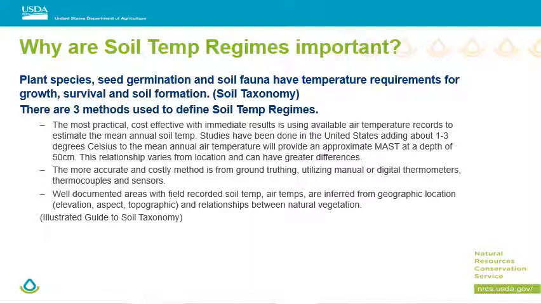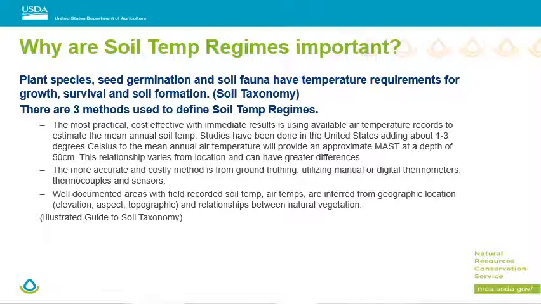And this relationship varies obviously with location and can have greater differences. The more accurate and costly method is ground truthing, going out and utilizing actual thermometers and sensors and getting that data from the field.